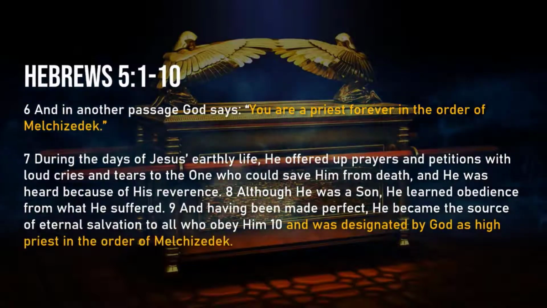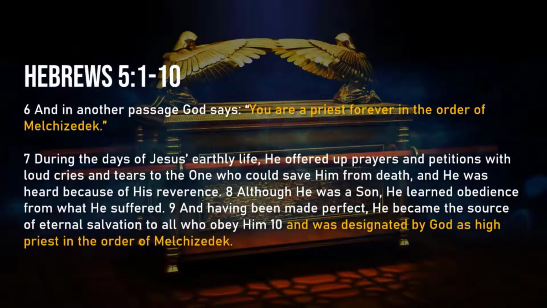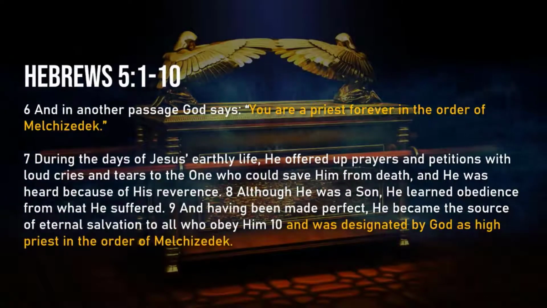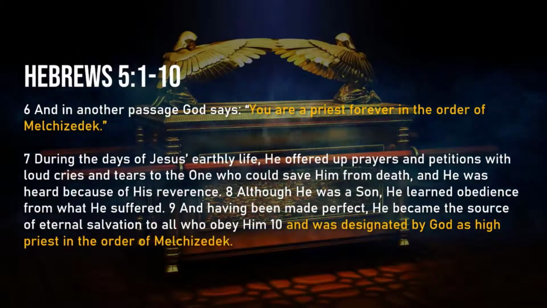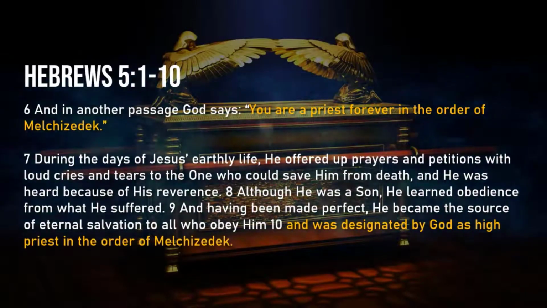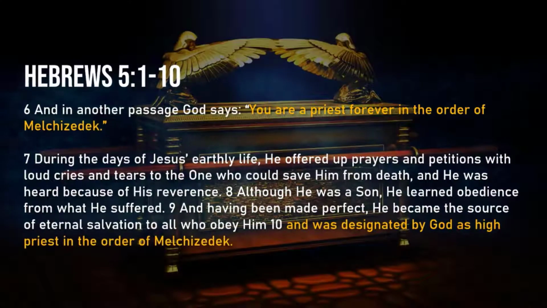So here we're talking about Christ, and we're talking about first that Aaron was appointed to be high priest, and then Christ was appointed. And then here we're seeing that Christ is seen as a priest forever in the order of Melchizedek. So the same line that was coming through Shem, that went down through David, is now coming right through Christ.